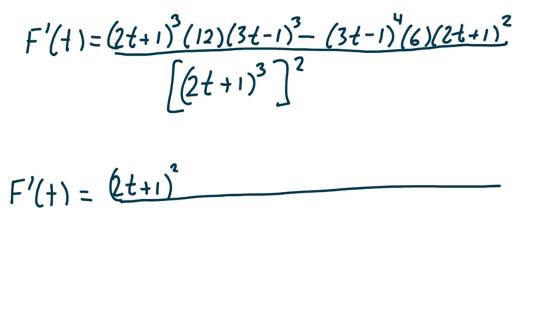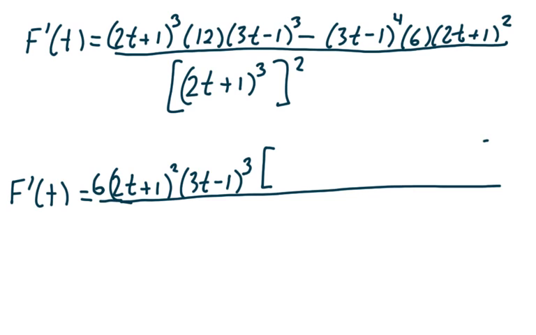Between 3t minus 1 to the third and 3t minus 1 to the fourth, I'm going to factor out a 3t minus 1 to the third. Okay? Because 3 is less than 4. And between a 6 and a 12, 6 goes into 12, so I get to factor out a 6.